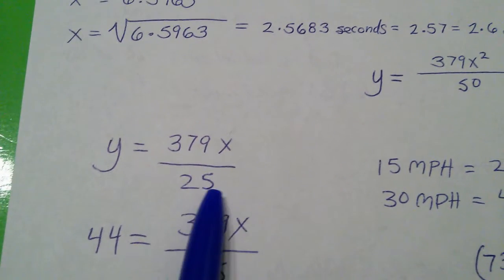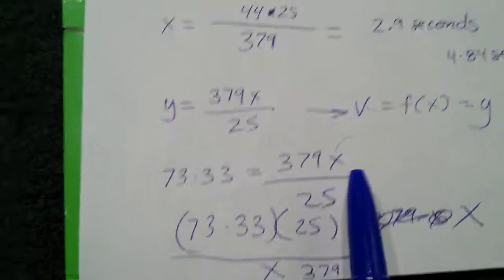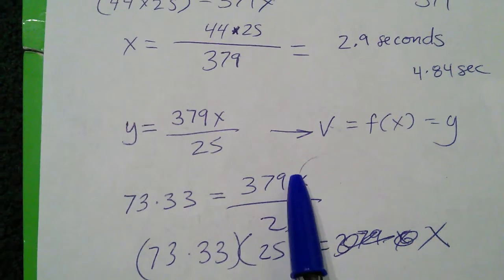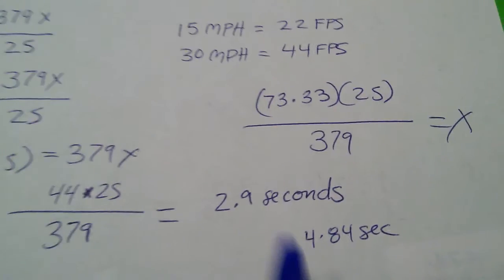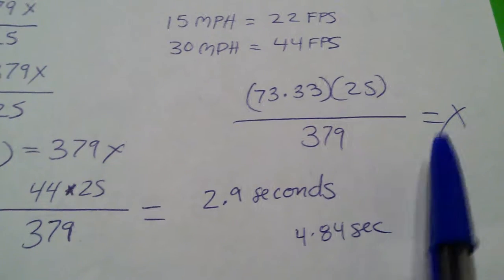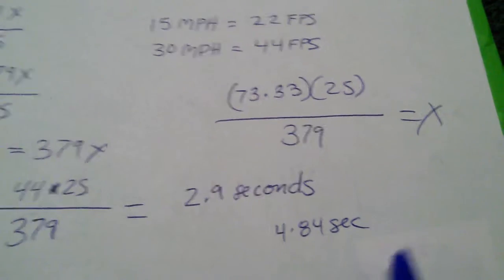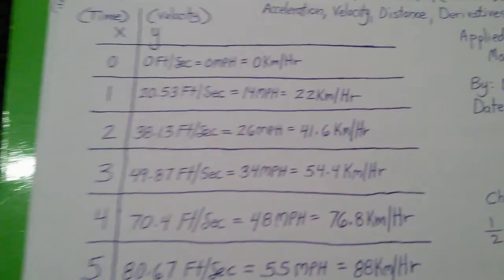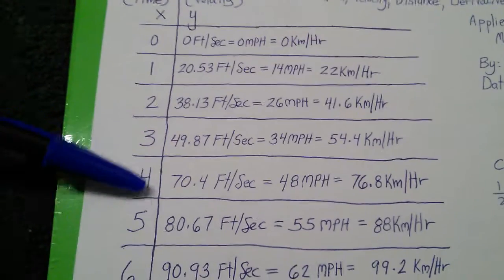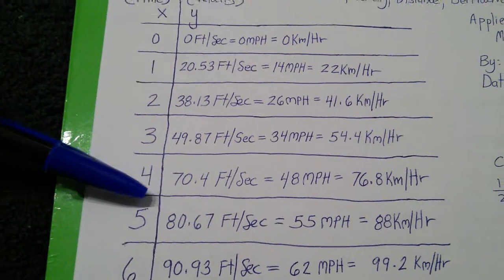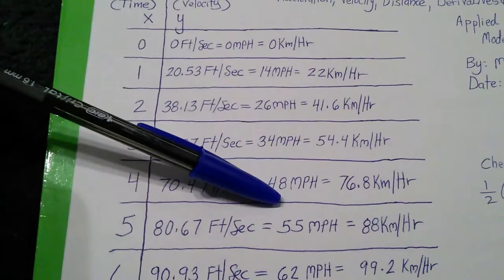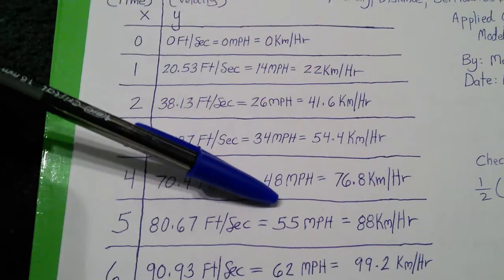Again, you use the basic rules of algebra: 73.33 times 25 equals 379x. So you set it up as 73.33 times 25 divided by 379 to equal x. So 4.84 seconds. At 4.84 seconds, it reaches 50 miles per hour.